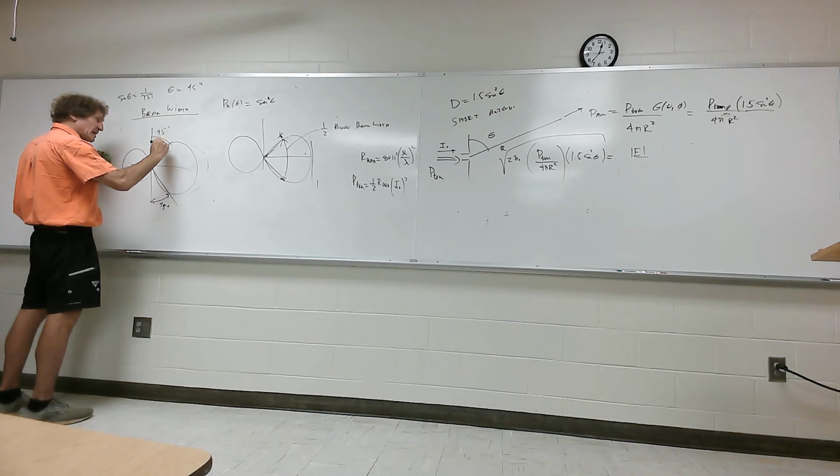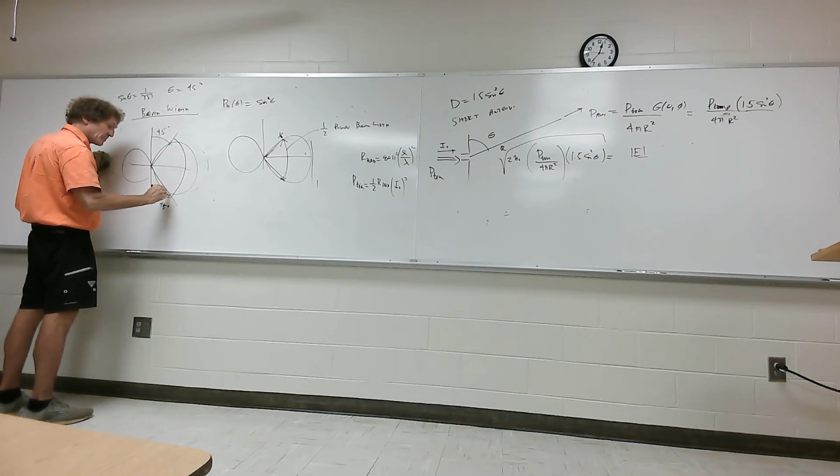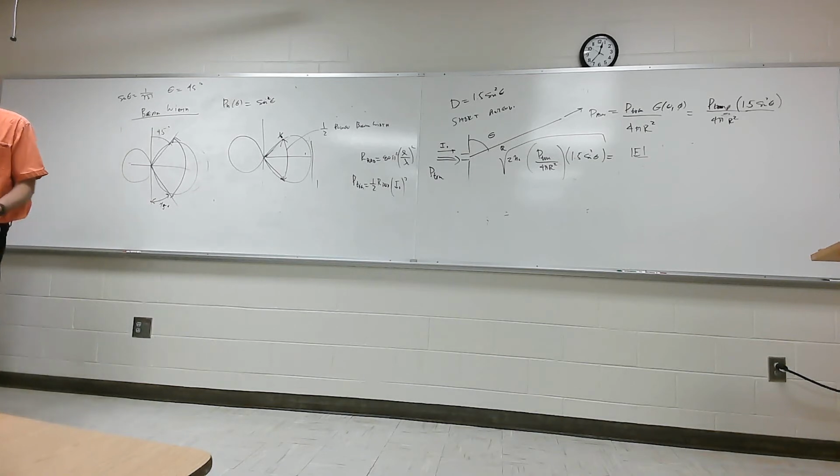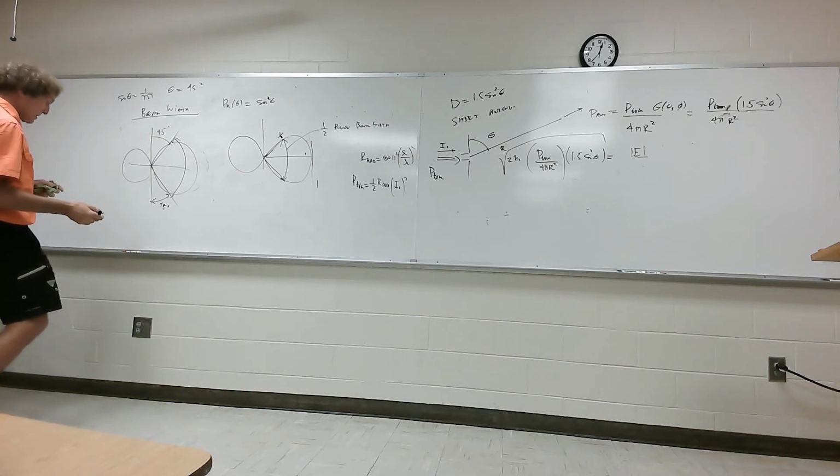That means I'm left with a half power beam width, from here to here, of, well, it's 180 degrees from the North Pole to the South Pole. If I subtract 90 from it, I get 135, don't I, class?